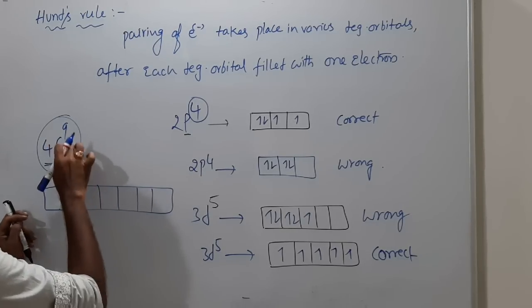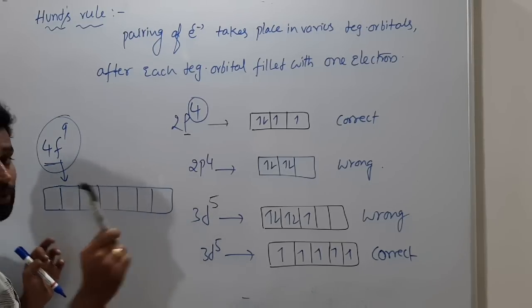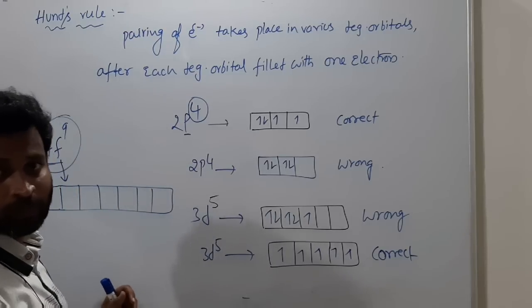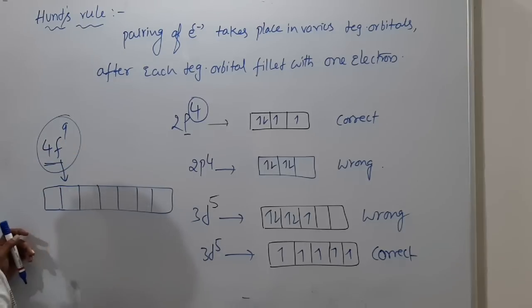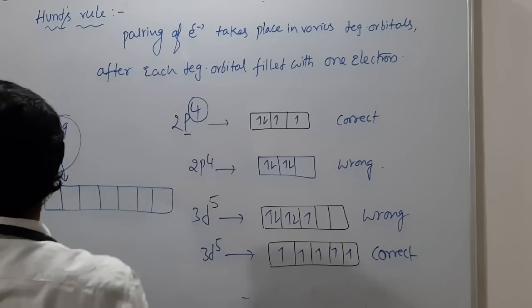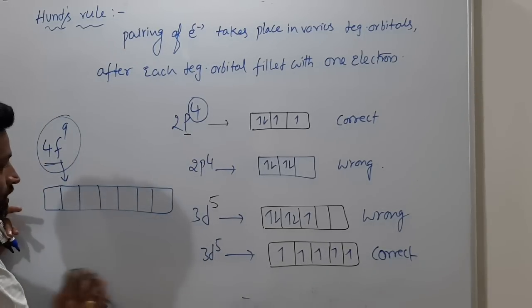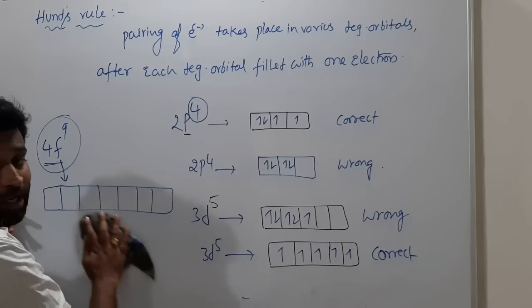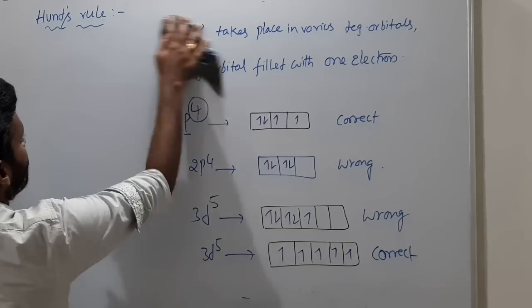So how to fill 9 electrons in these 7 degenerate orbitals, you have to tell me. So what is Hund's rule? I gave it; take a screenshot, and how to represent 4f9, you have to say. Violating means not following; like that they will ask questions, that's it.